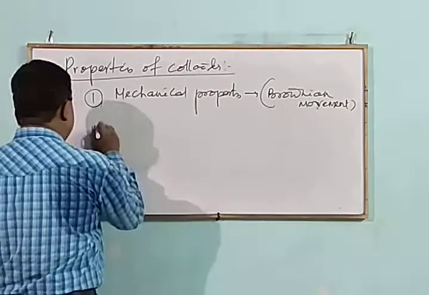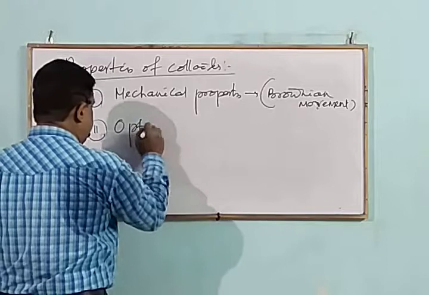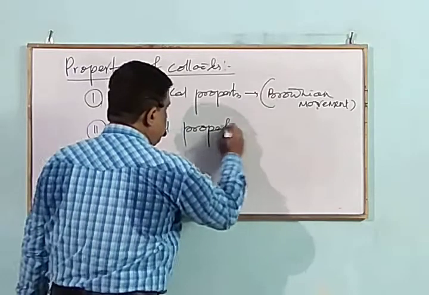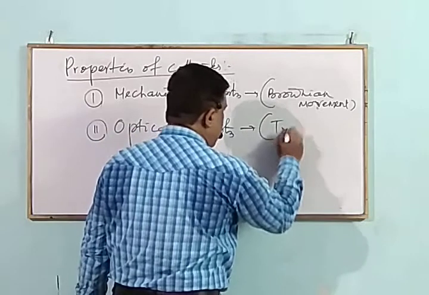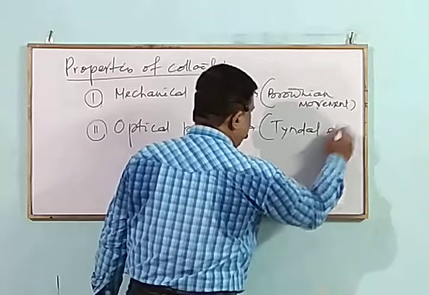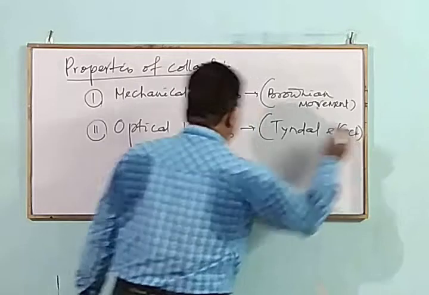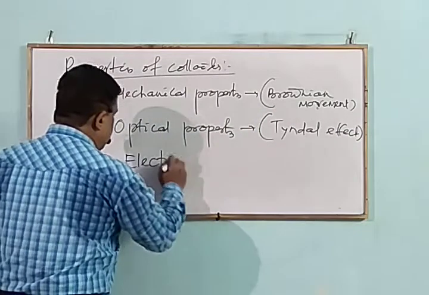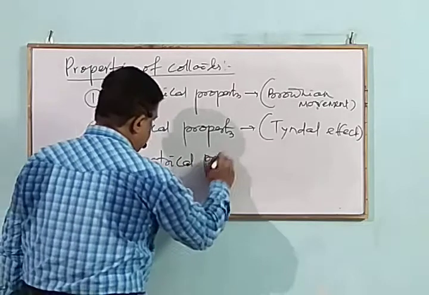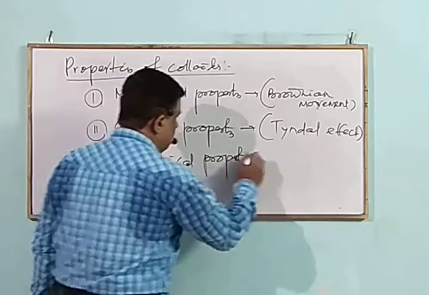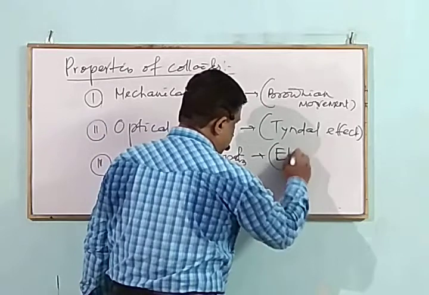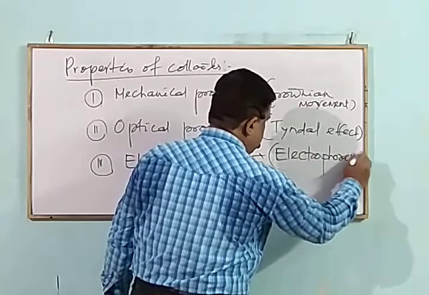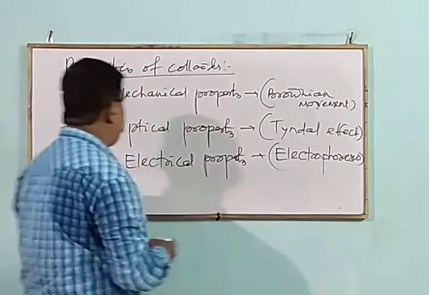Next one is optical property, that is known as the Tyndall effect. And the third one is electrical property, known as electrophoresis. Let us discuss one by one.